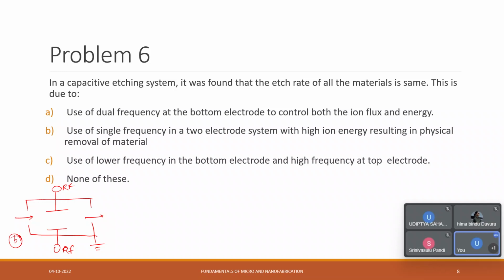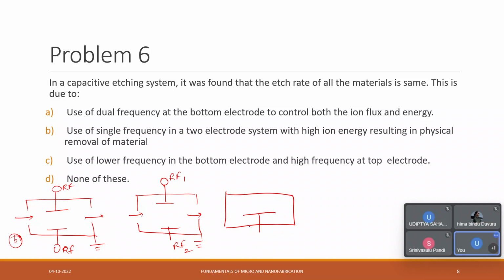The next one is the lower frequency, like dual frequency, with different frequencies. This will be like grounding and RF1 and RF2, where RF2 is the lower frequency, and then the gases.